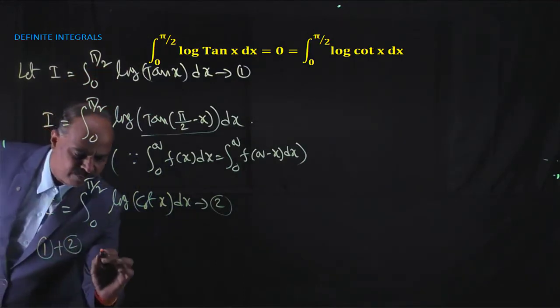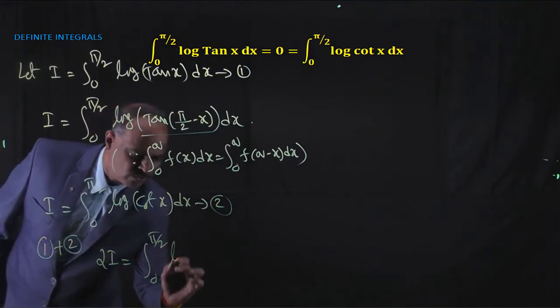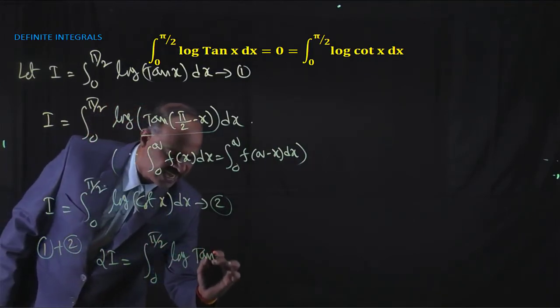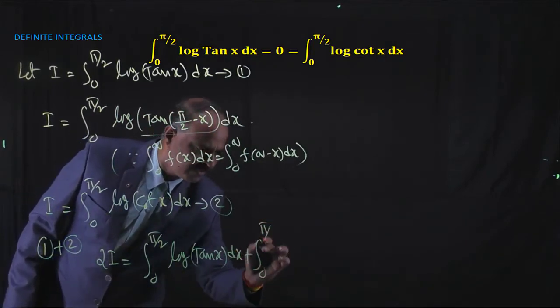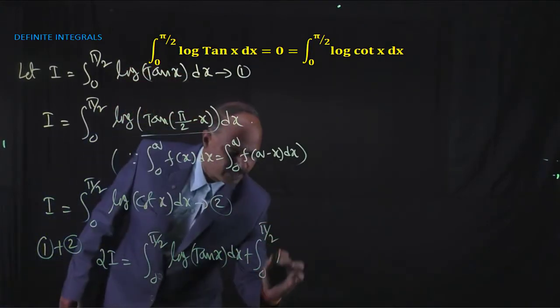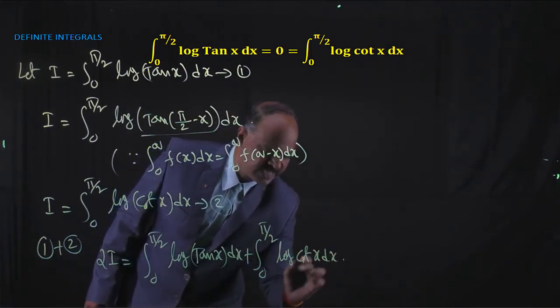So here I plus I, 2I equal to integral 0 to pi by 2 log of tan x dx plus integral 0 to pi by 2 log of cot x dx.